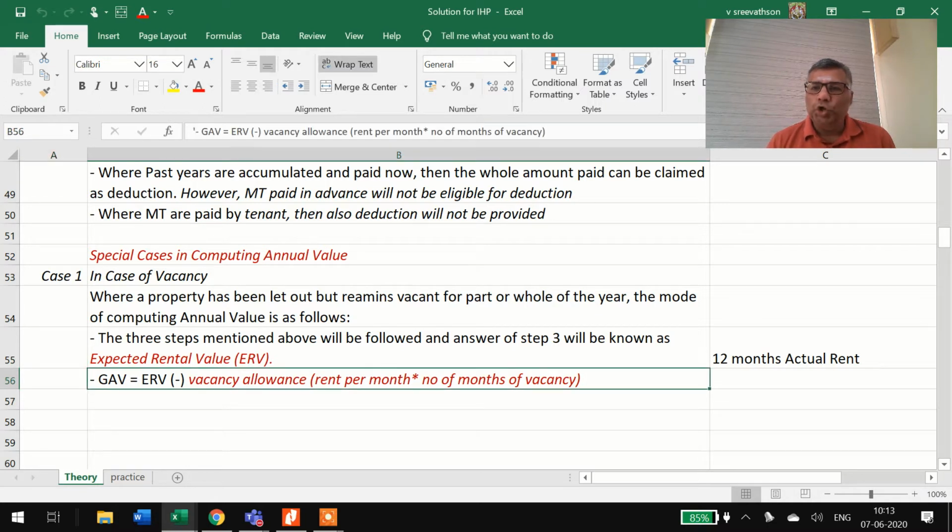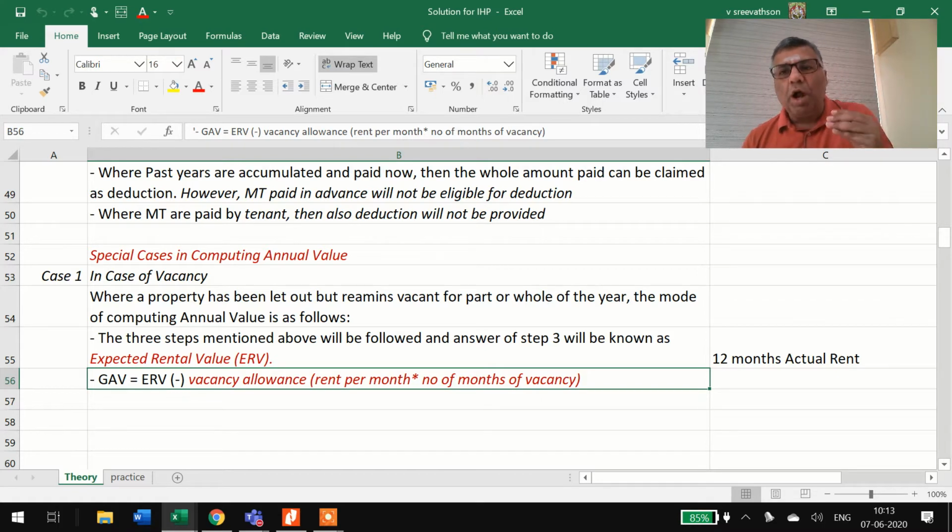GAV is equal to ERV minus vacancy allowance, which is nothing but rent per month into number of months of vacancy.